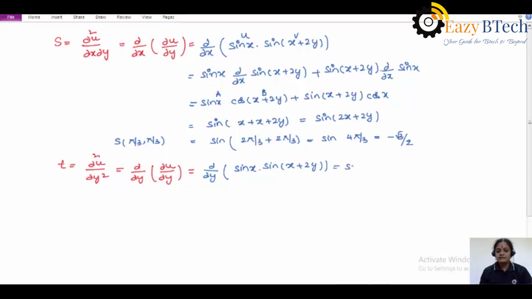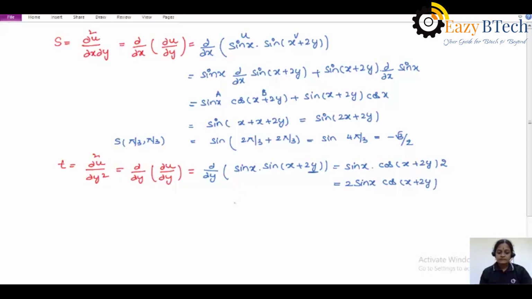Here sin x is common, because we are differentiating with respect to y. For sin the partial differentiation is cos, and for the function 2y the differentiation is 2. Then finally the answer is 2 sin x cos of x plus 2y.